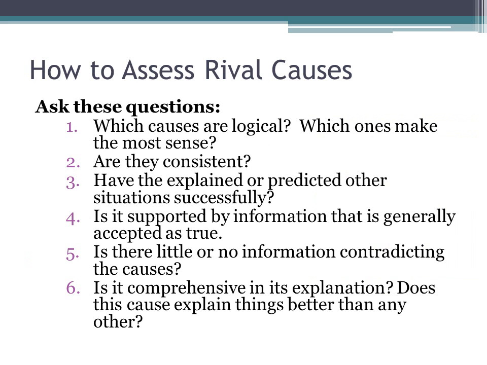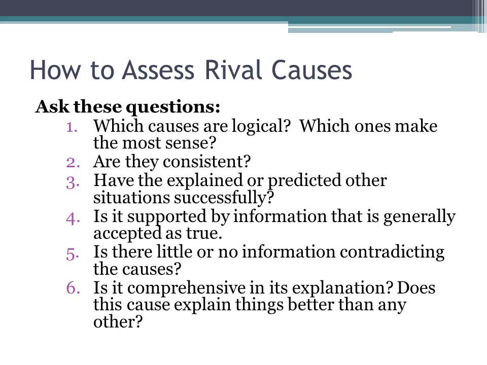So finally, we're going to look at how to assess rival causes, because ultimately not all causes are created equal. Some causes are more important than others. So we have to ask these questions. Which causes are logical? Which ones make the most sense? Are they consistent?